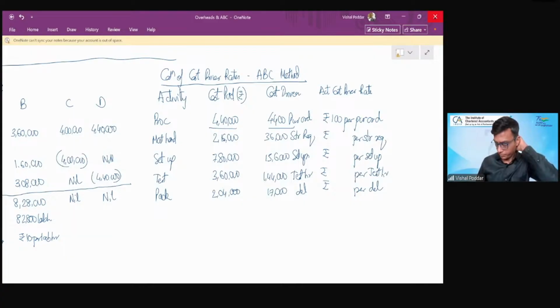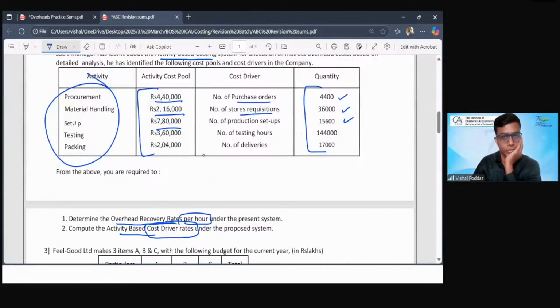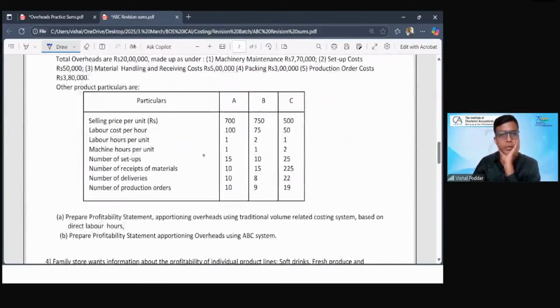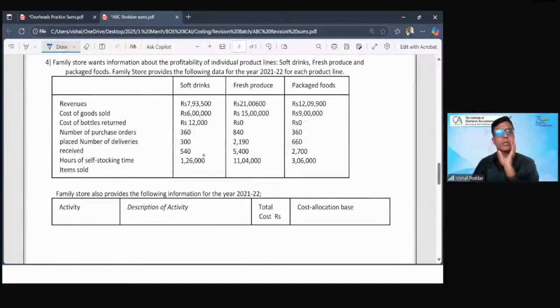Correct? Fine. Now, this is again a manufacturing type sum. I'll just skip this for the paucity of time. Let me take you to another type of question, which is again a different industry, so that you get a flavor of all types of questions.